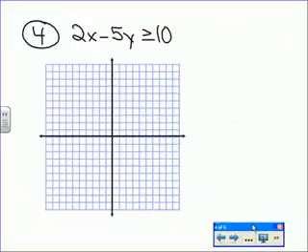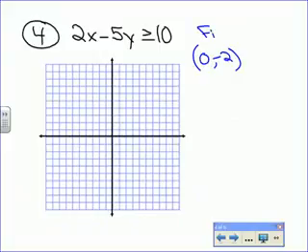Okay. Now, this is a good example to use. You could put it into slope-intercept form, which is fine. But what's a quick way to find our intercepts? Yes. So if I plug in 0 for x, I would get -2. I'm just going to find my intercepts.